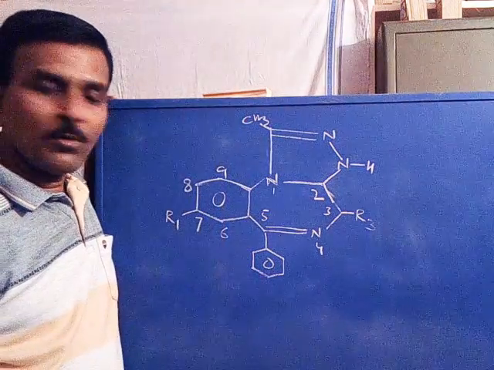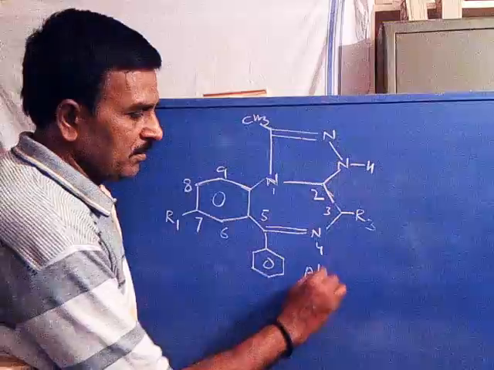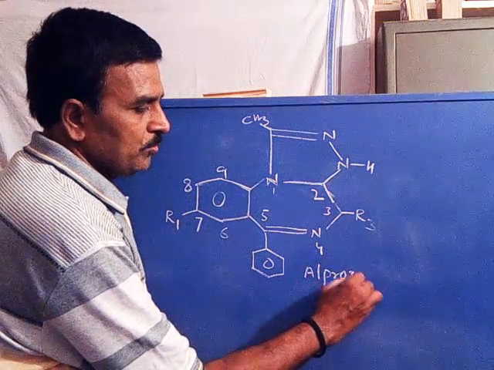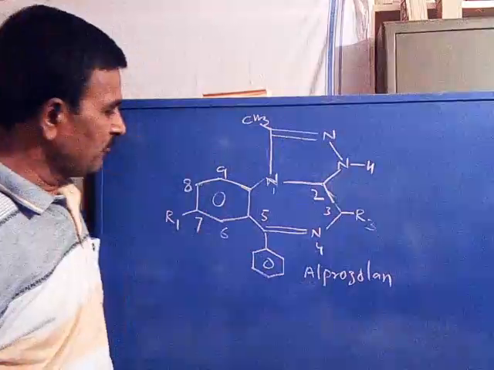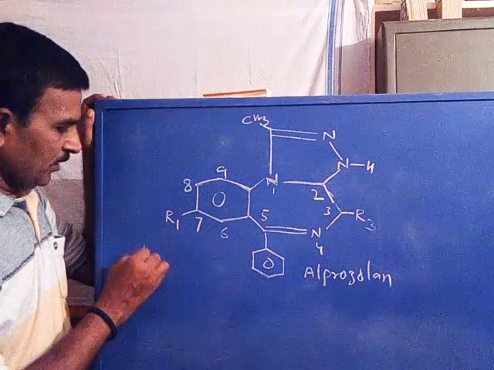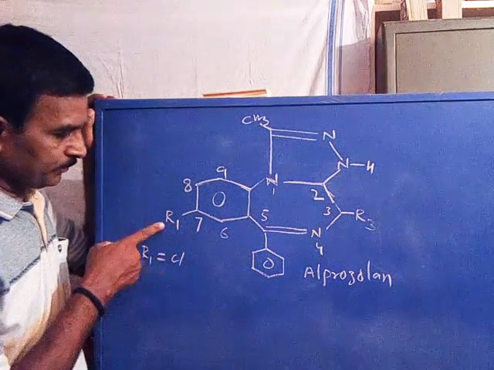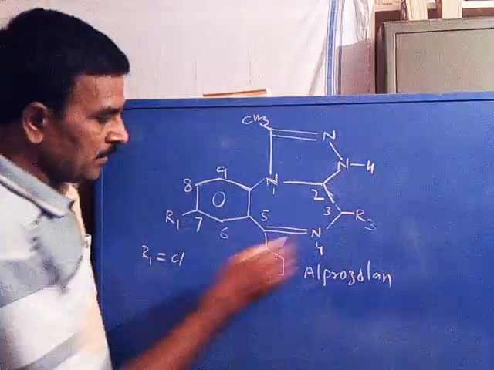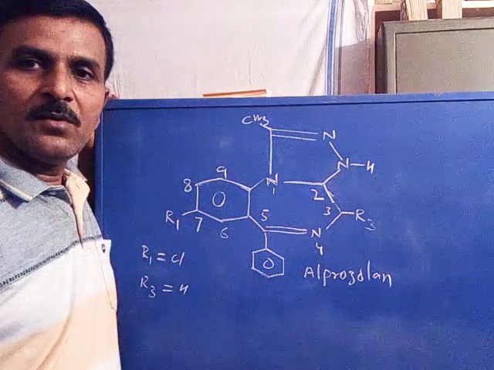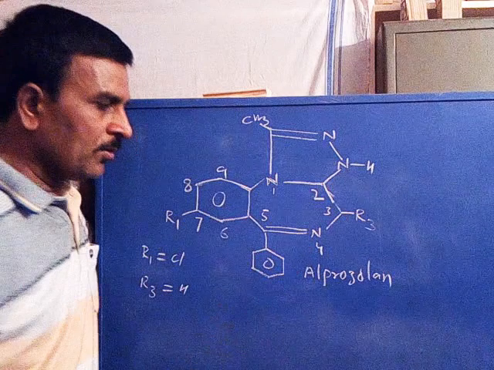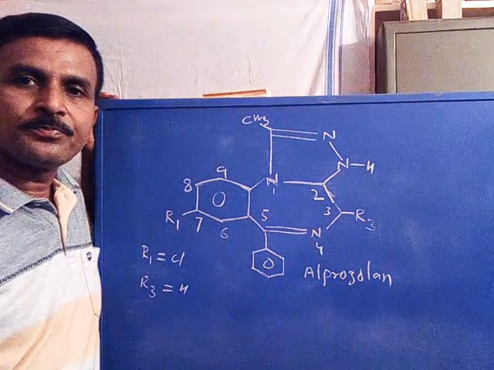Now it is alprazolam. Alprazolam, where R1 is equal to chlorine, R3 is equal to hydrogen. It is known as alprazolam.